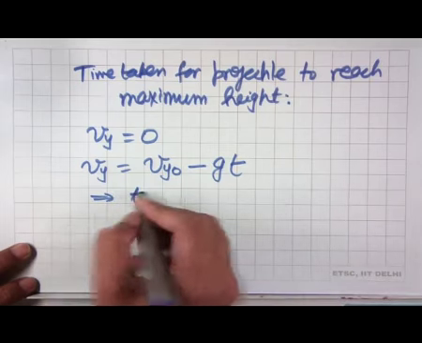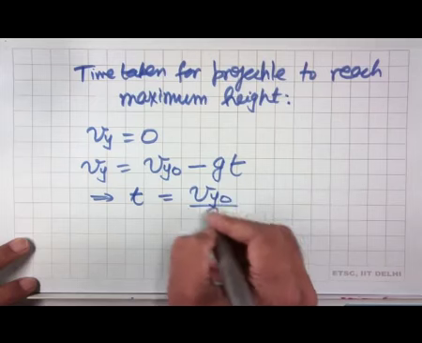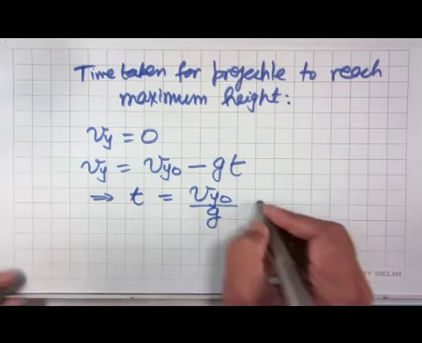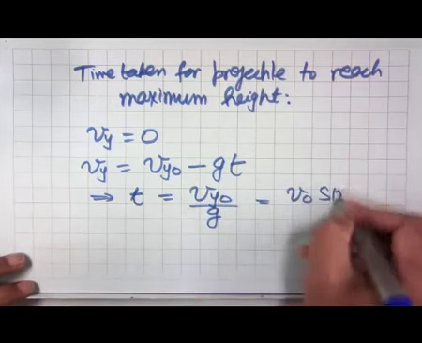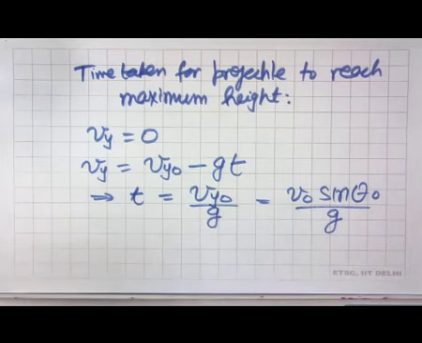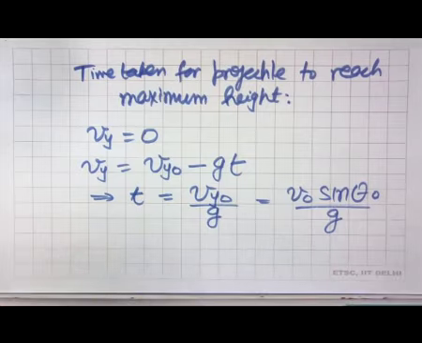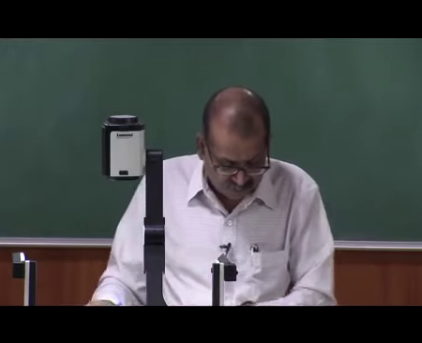That will give us t equal to v y 0 upon g, which is equal to v 0 sin theta 0 upon g. So, this is the time taken for the projectile to reach maximum height. You will probably also realize that twice this will be the time taken for the particle to fall back on the ground.